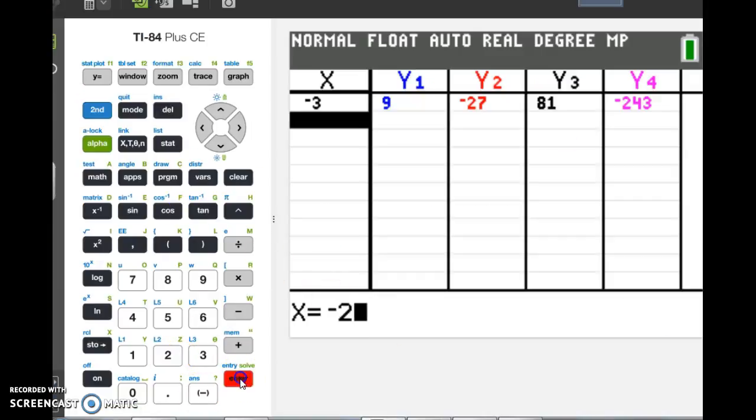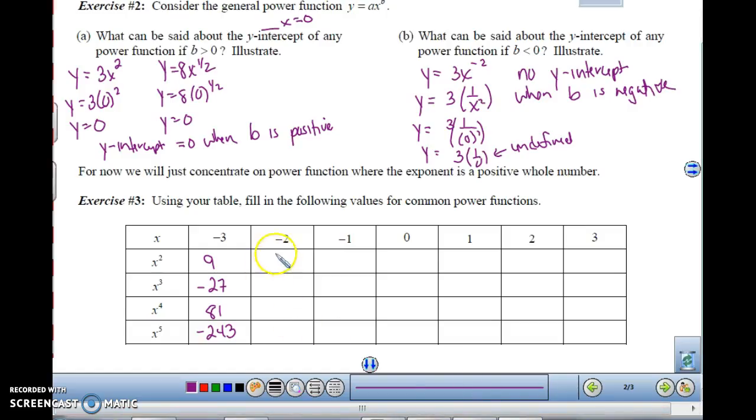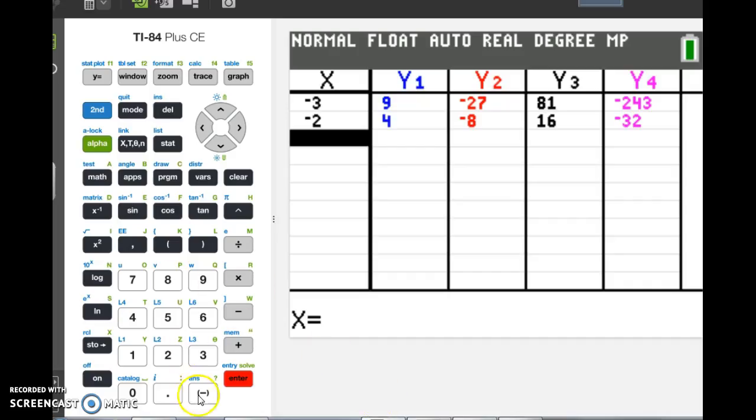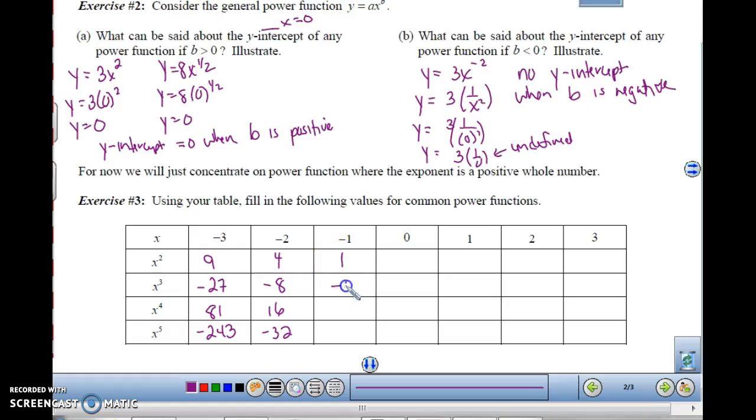Put in -2: 4, -8, 16, -32. Okay, let's try -1: 1, -1, 1, -1.